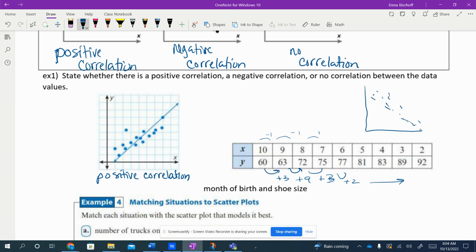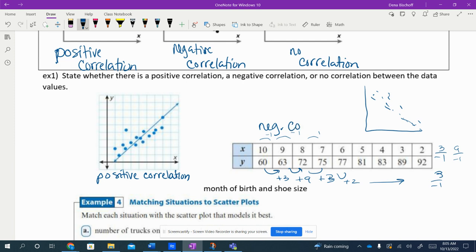So it would look something like this. Okay, just think about it in terms of slope. You would have 3 over negative 1, or 9 over negative 1, or 3 over negative 1, right? So because that x value is getting smaller, that's a negative. So you're going to have negative correlation. Does that make sense?